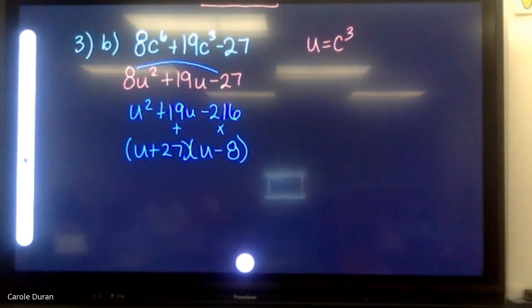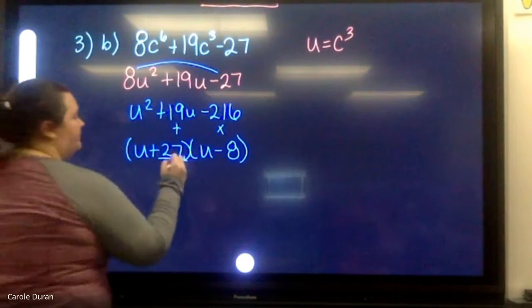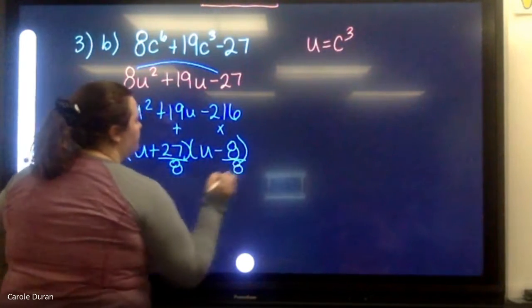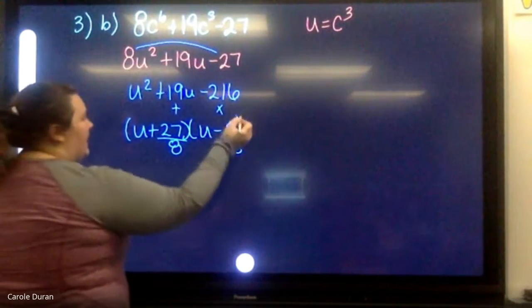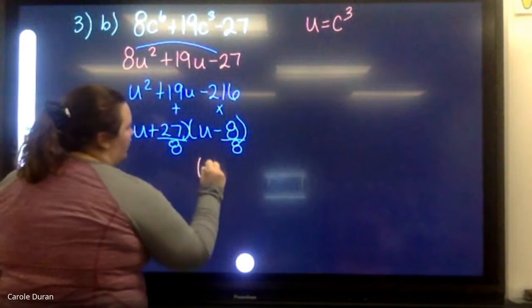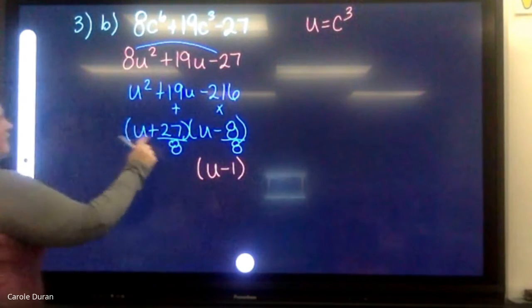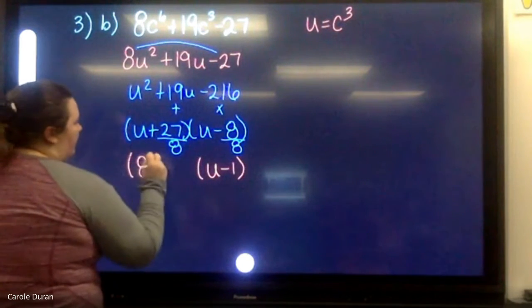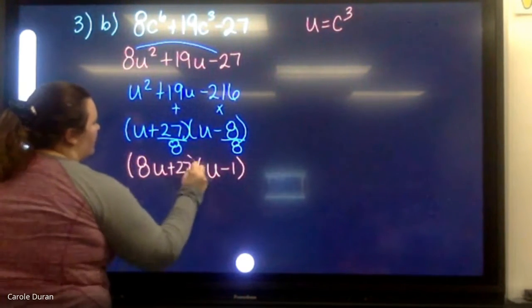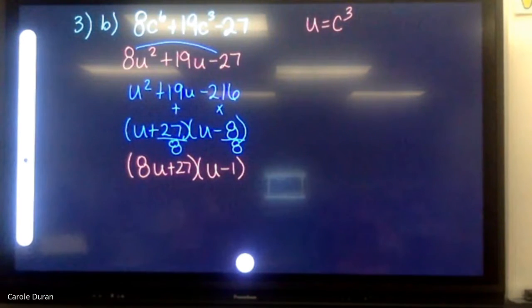Since I rainbowed, divide the 8 back out. This is super duper awesome because the u minus 8, when I divide that by 8, it's just going to be u minus 1. This one does not reduce, so I kick the 8 over with the u. So now I have 8u plus 27 and u minus 1.